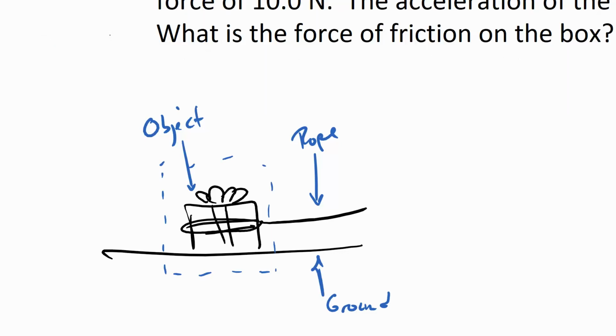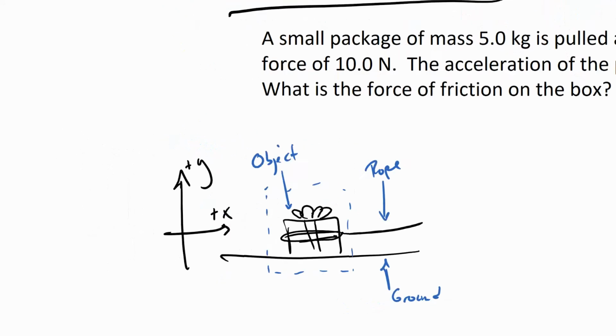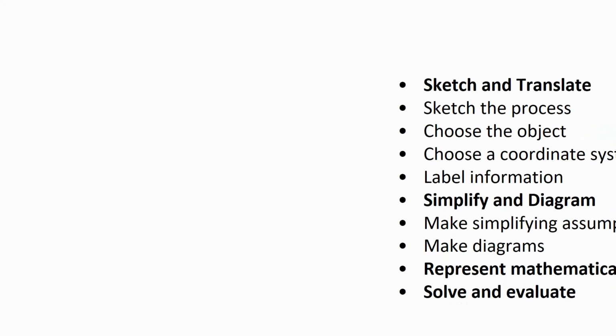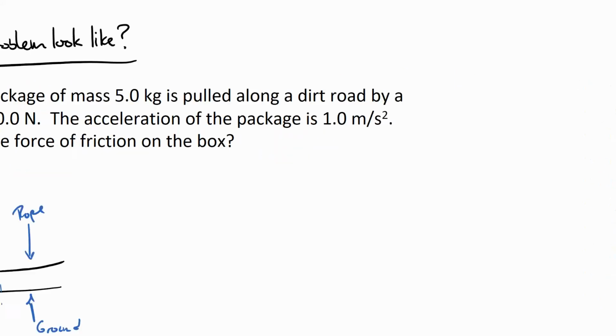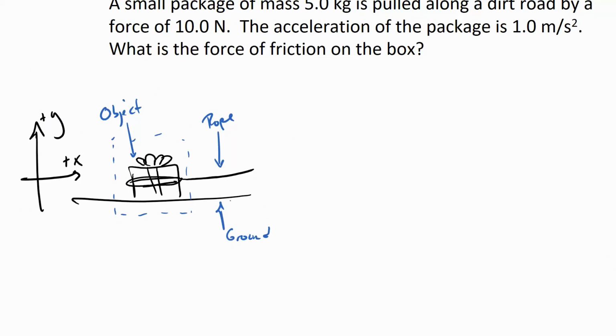I'm also going to put a coordinate system in play. Since the package is being pulled, I'm going to say that the direction it's being pulled in is my positive direction. And then, because I don't want to confuse myself, I'm going to make up positive also. What else did I have to do here? Label information. All right. Well, let's see.